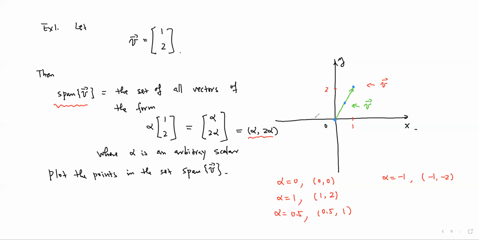So this point is in the span. If you plot all the points in this set, you will see the points form a line. Which line? This line.